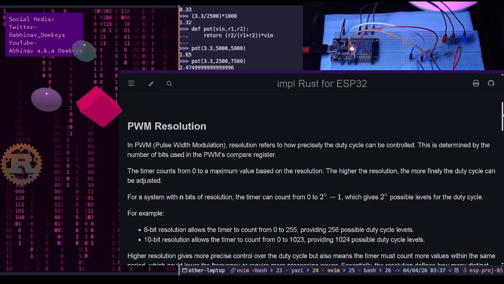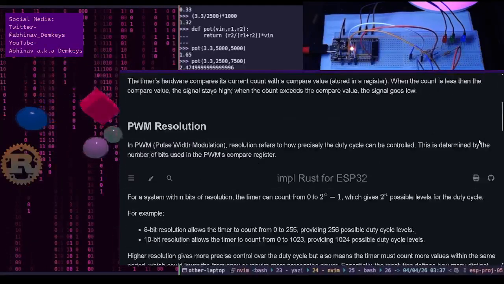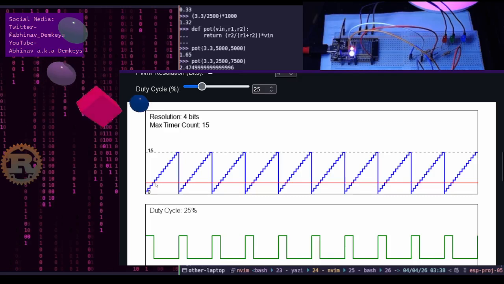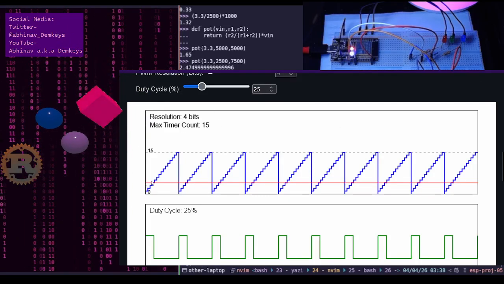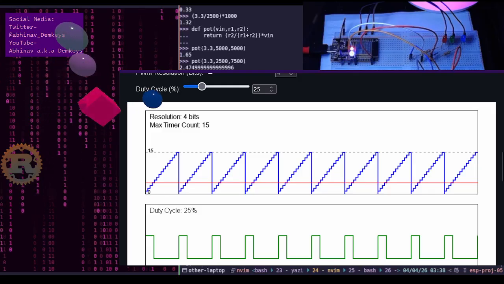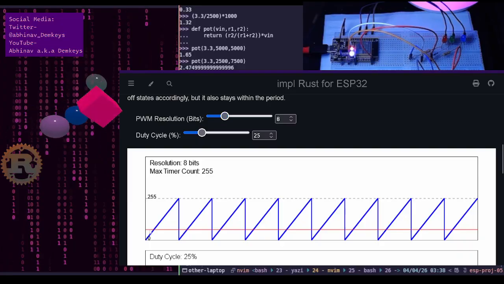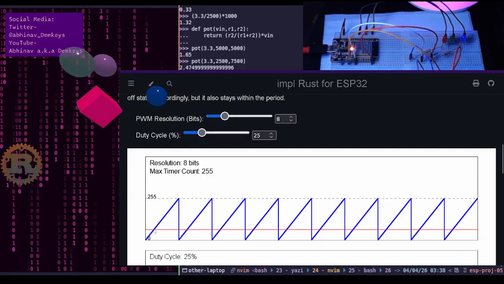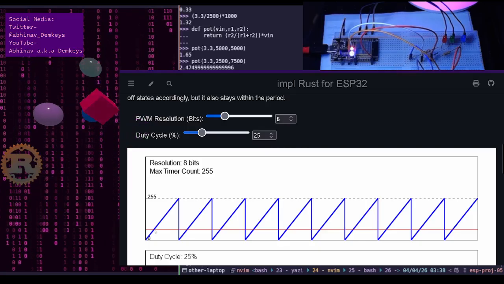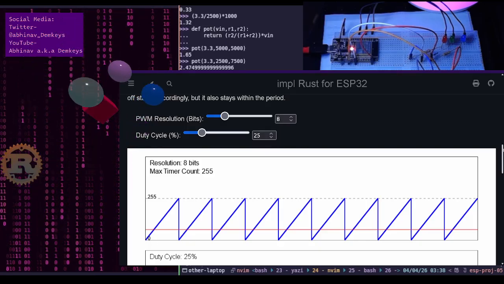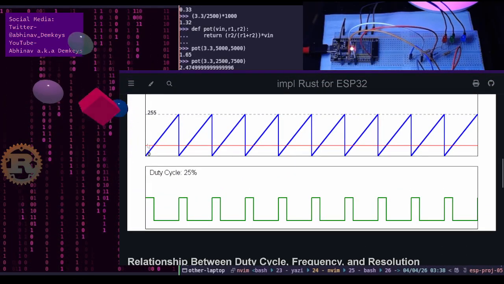So 25% would be around 63, 64, and whenever it gets to that point, if we have set the duty cycle to be 25%, once it gets here, then we drop the signal. So once we get to 63, 64, then it drops.